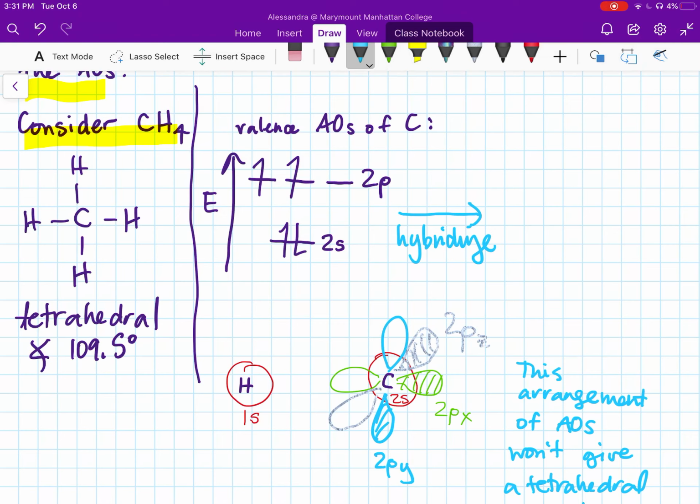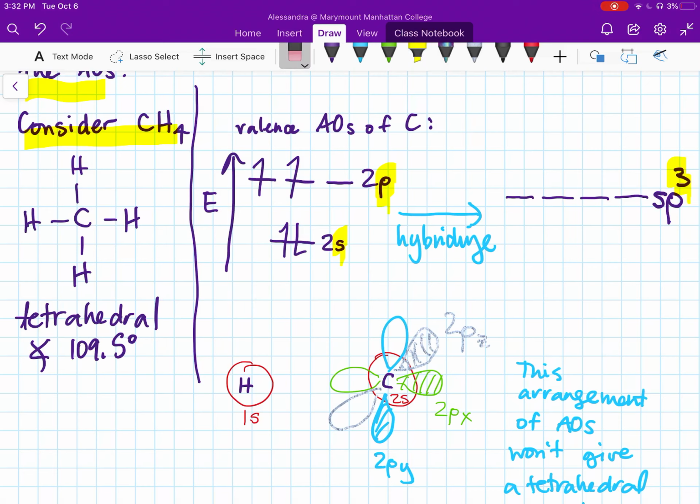If we hybridize those four atomic orbitals, so basically you take the one 2s and the three 2p orbitals, imagine sticking them in a blender and then getting out four identical, what I'm going to call sp3 orbitals. sp3 because the s comes from the one 2s orbital that I've added, and then the 3 comes from the three 2p orbitals that I've put in here.